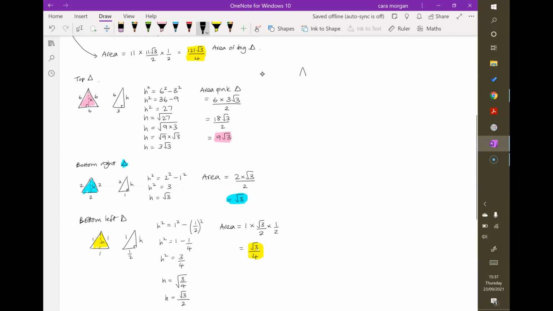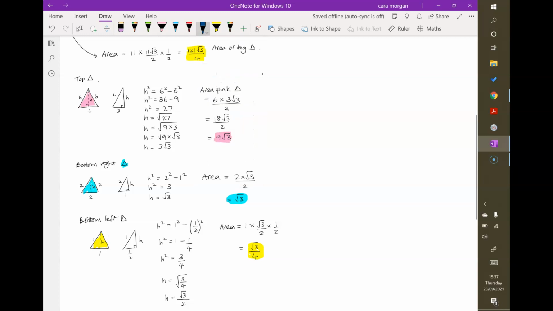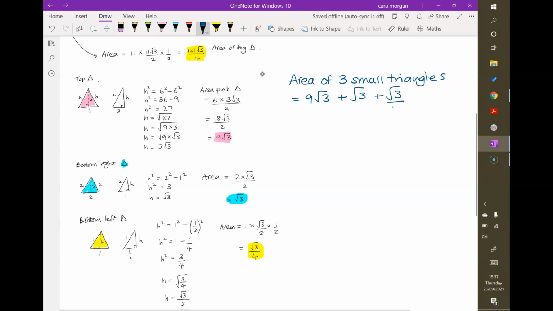Okay, so as mentioned before, now I think I'm going to get a navy pen, and I'm going to make it slightly thicker. So the area of the 3 small triangles, might be easier to just add them up, is 9√3, add √3, add √3/4.